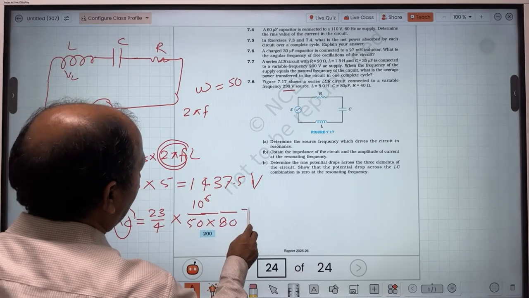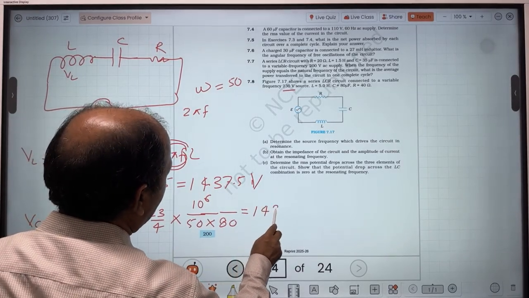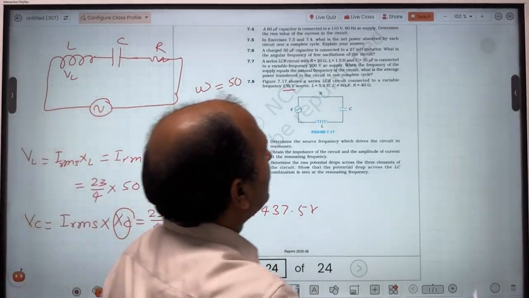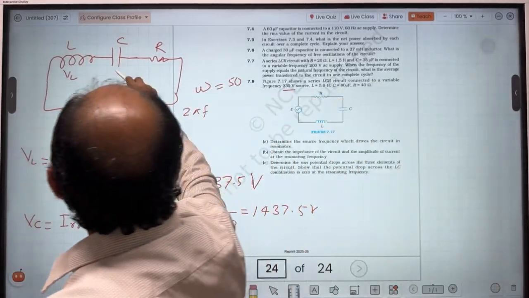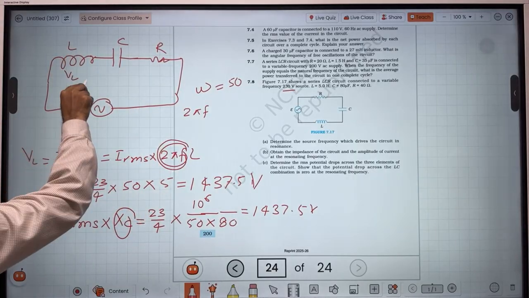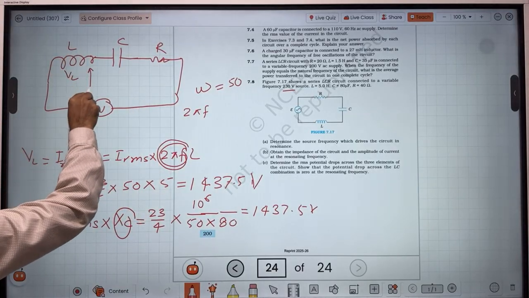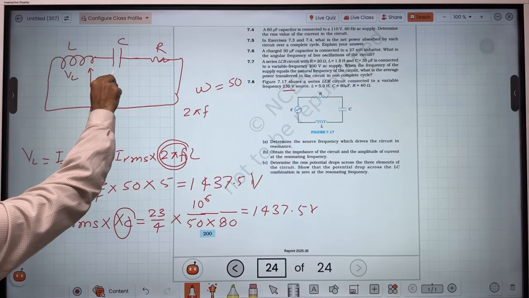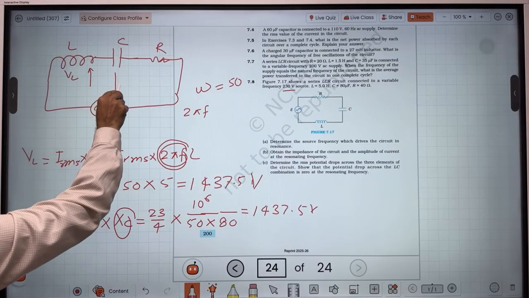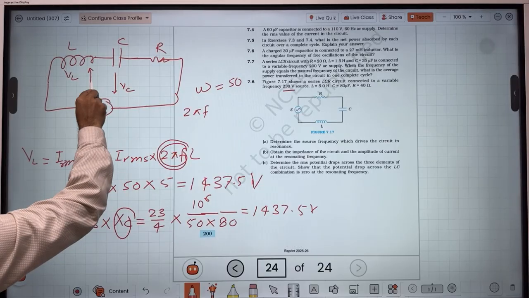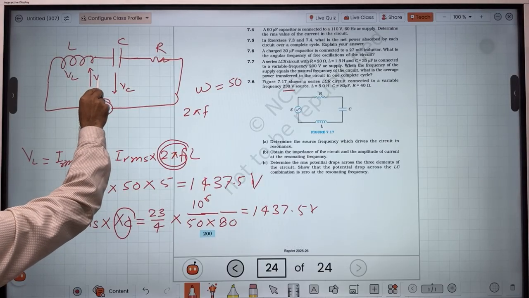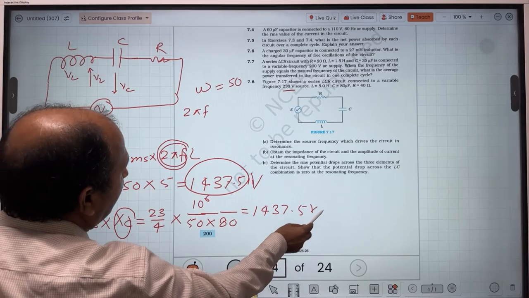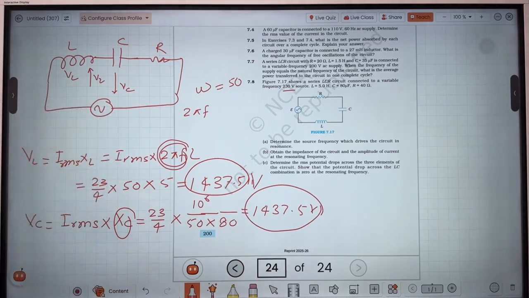Then again we will get 1437.5 volt. If you remember, I told you that the voltage across the inductor is 180 degrees out of phase with the voltage across the capacitor, right? So if the capacitor voltage is like this, then the inductor voltage will be like this. Since both have the same values, they will get cancelled.